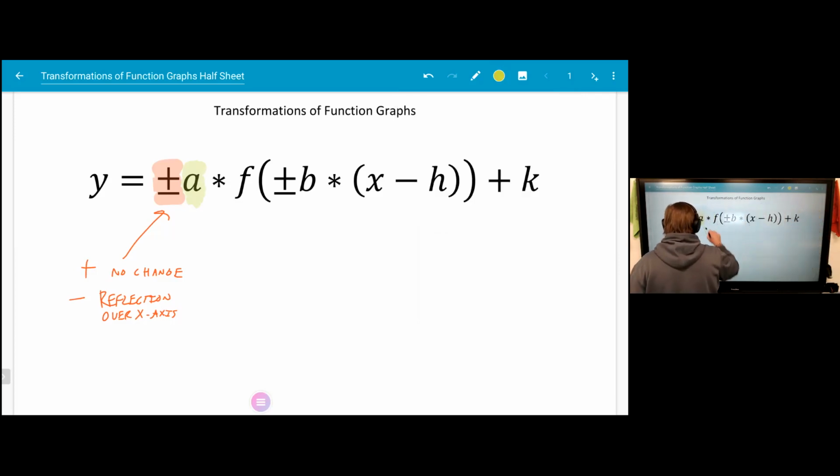If A is greater than 1, it's a vertical stretch. If A is somehow between 0 and 1, it's a vertical compression.